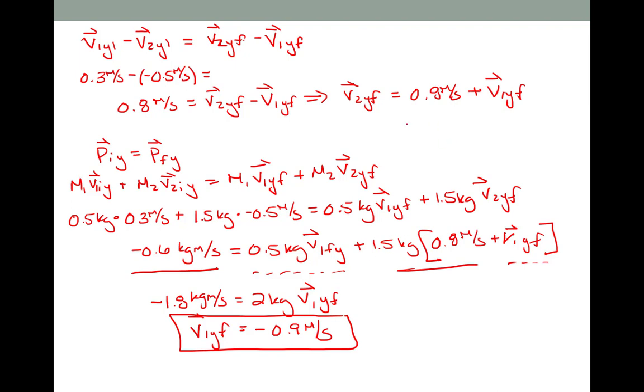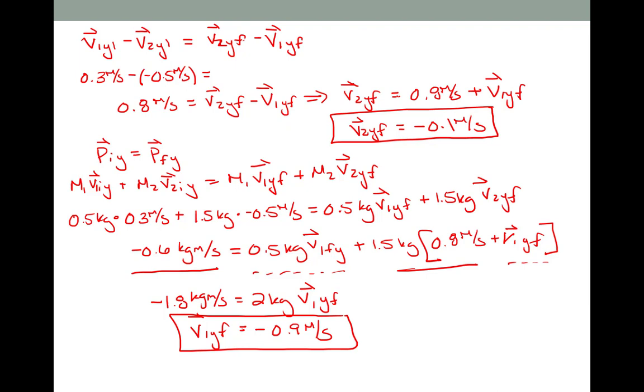I can take this and plug it in up here and get negative 0.1 meters per second. And now we have our solution.